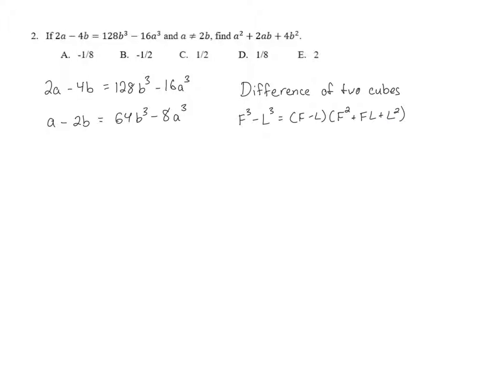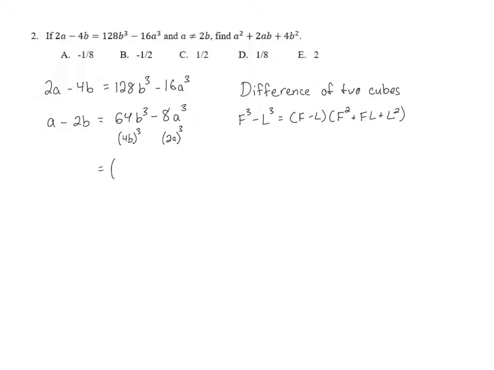In this case, when we have 64b cubed minus 8a cubed, 64b cubed ends up being 4b cubed, and 8a cubed ends up being 2a cubed. So the 4b will represent f, and the 2a will represent l. Using the formula, we've got the first term minus the last term.